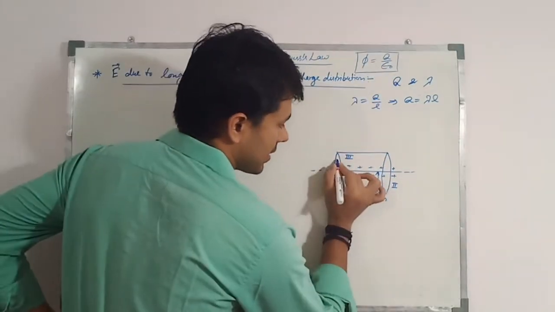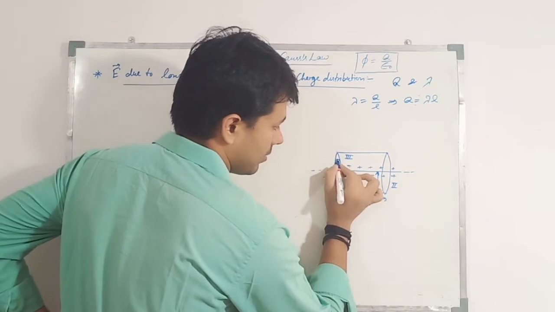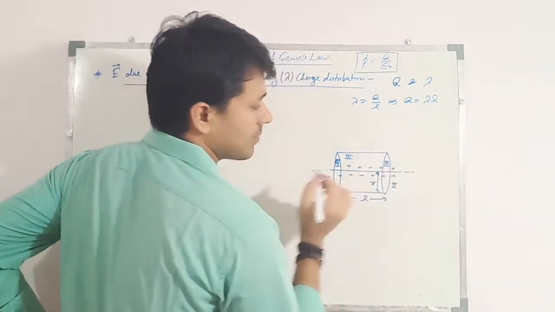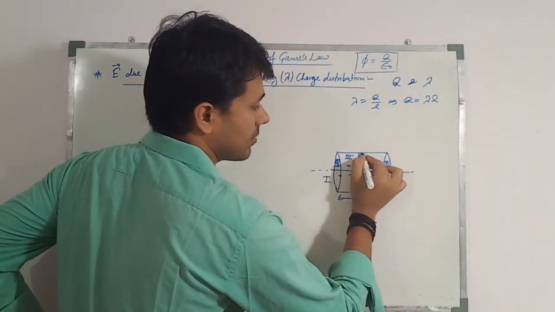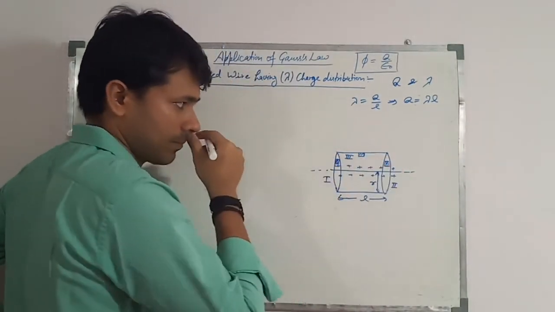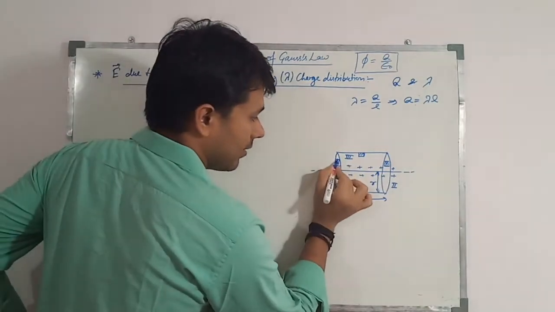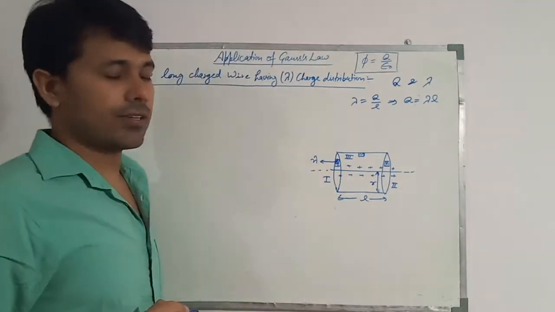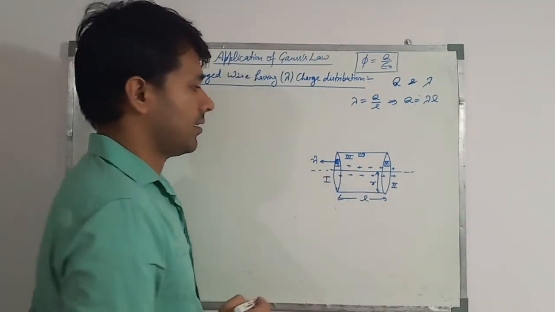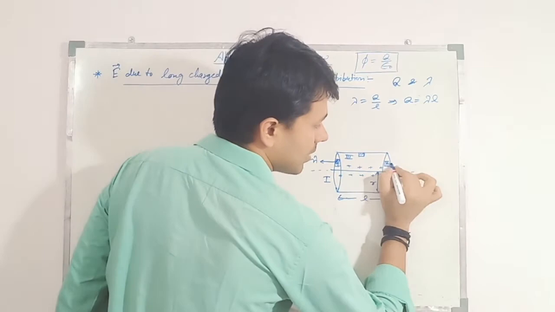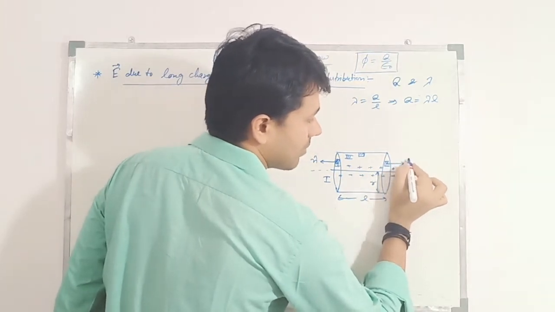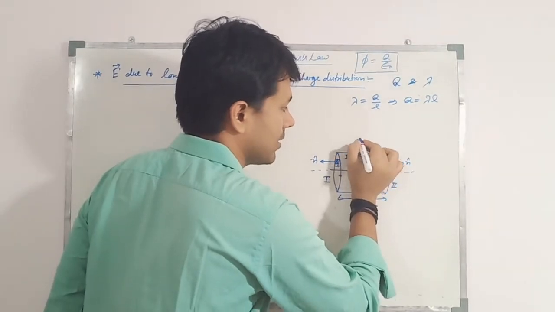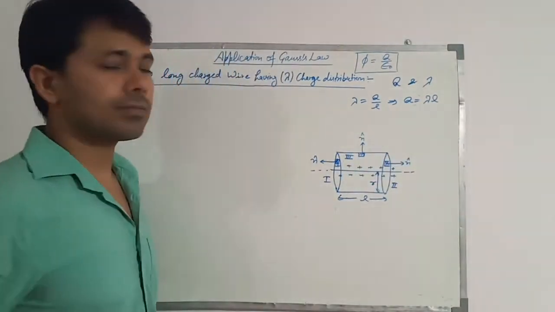Let us take a small area here on the first surface. The area vector is n cap, and the direction of that area is perpendicular to the surface. Similarly, the unit vector perpendicular to this area is this, and to that area is this.